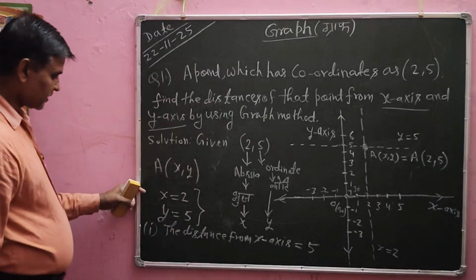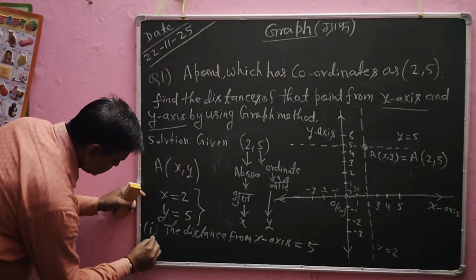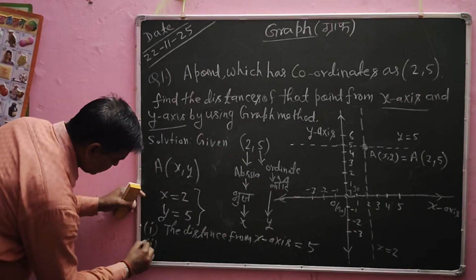Similarly, I will write the distance from the y-axis. This is point number 2.